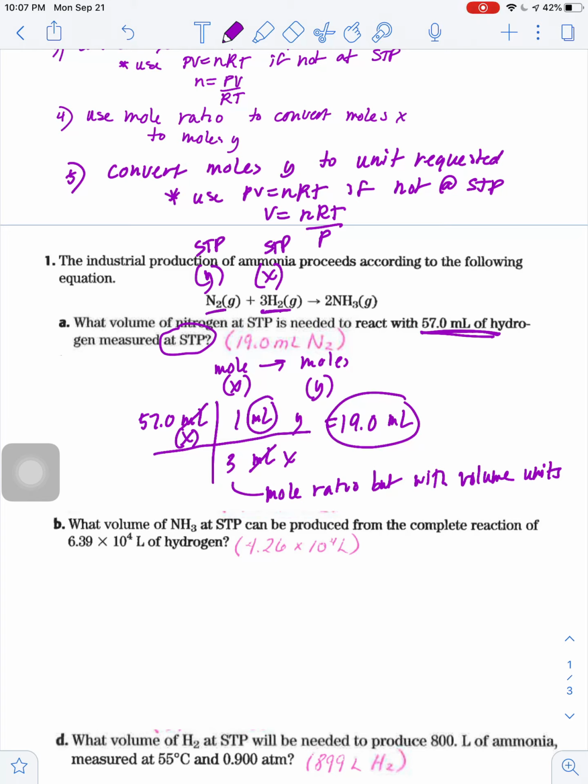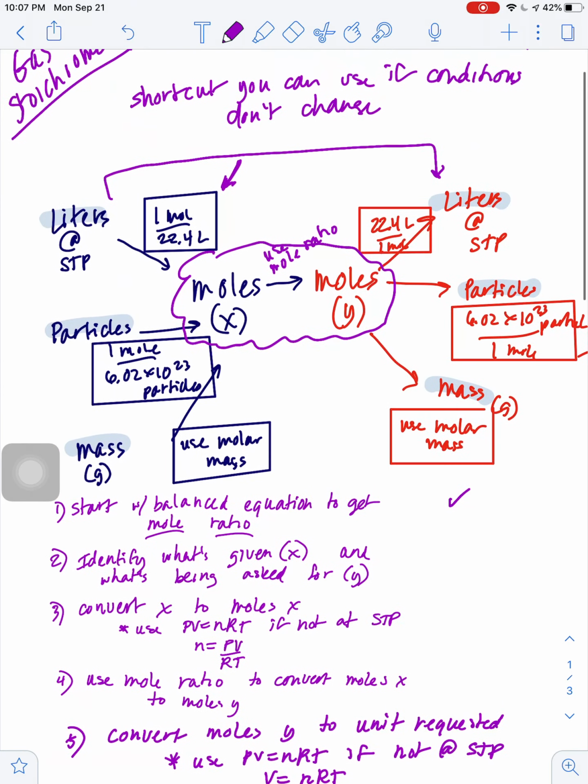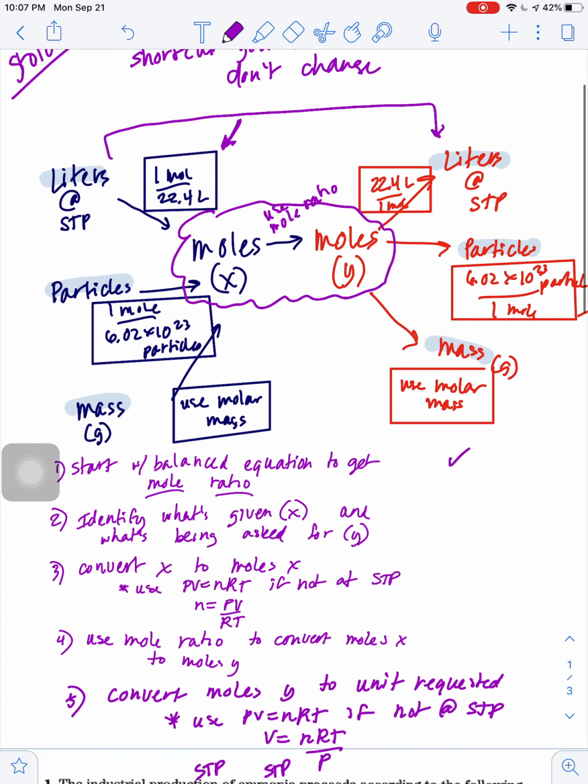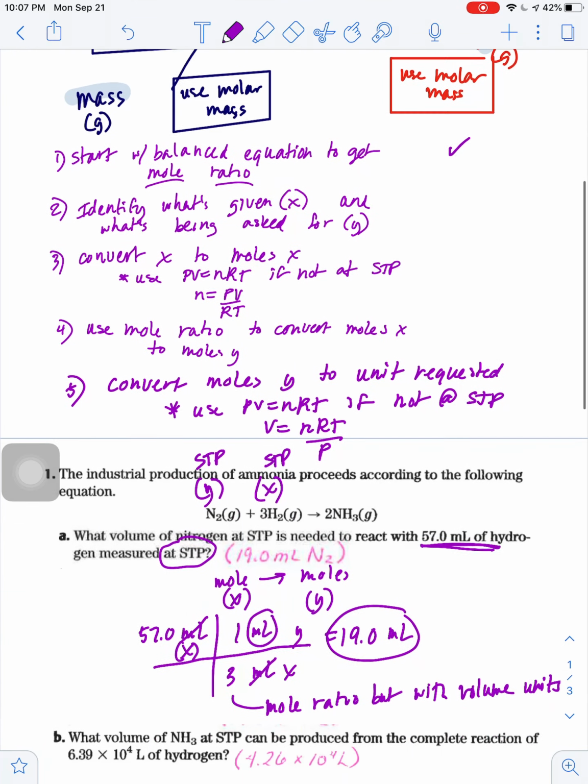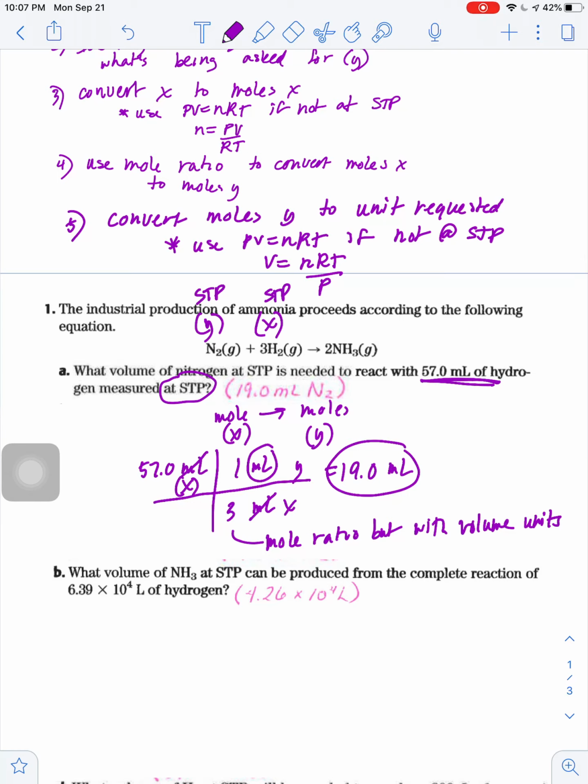It asked how much nitrogen, so that was what was being asked. Then, because nothing changed, we were able to leave out the first and third conversion factors because they just cancel each other, and use the middle conversion factor, which is the mole ratio, and we just change the units to milliliters.